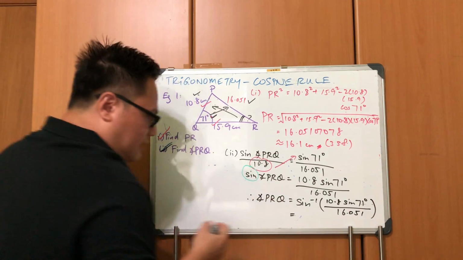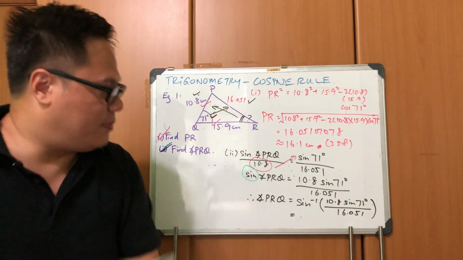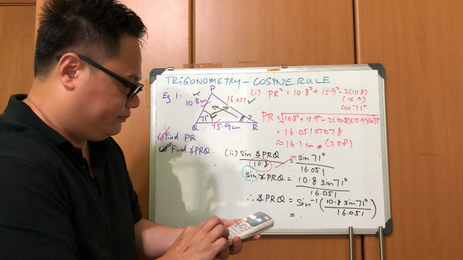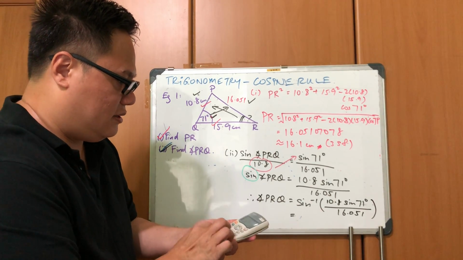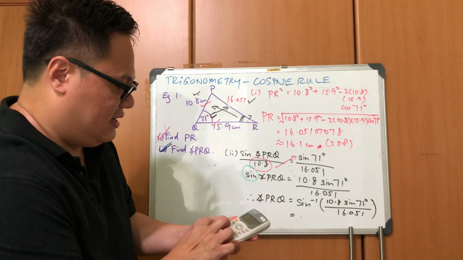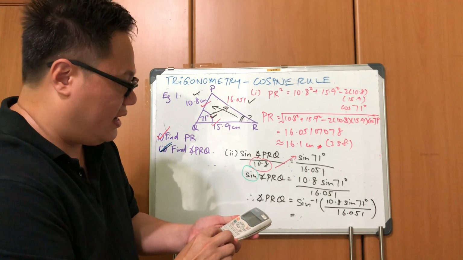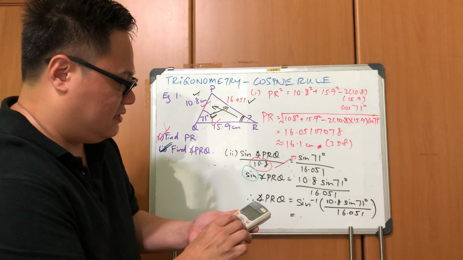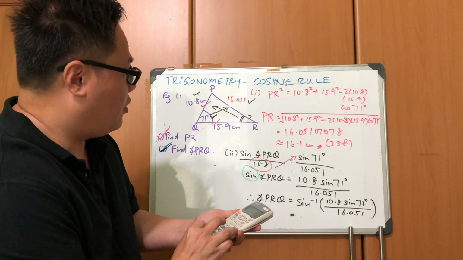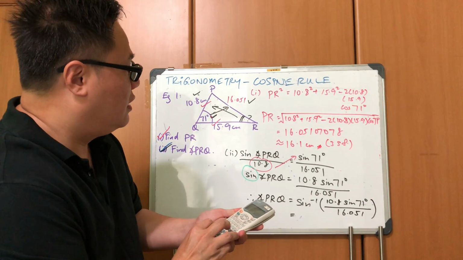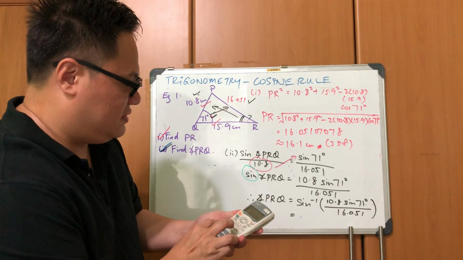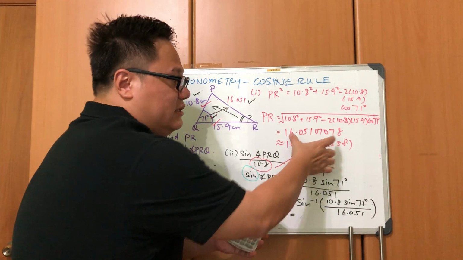So punch your calculator now and let's see what you have. So 10.8 multiplied by sine 71 degrees, divided by 16.05107078. I always use all 10 digits.